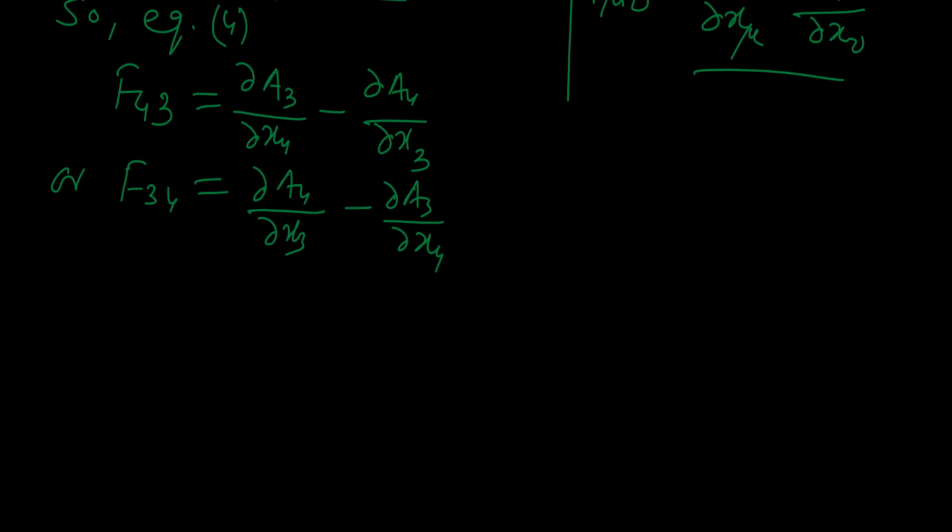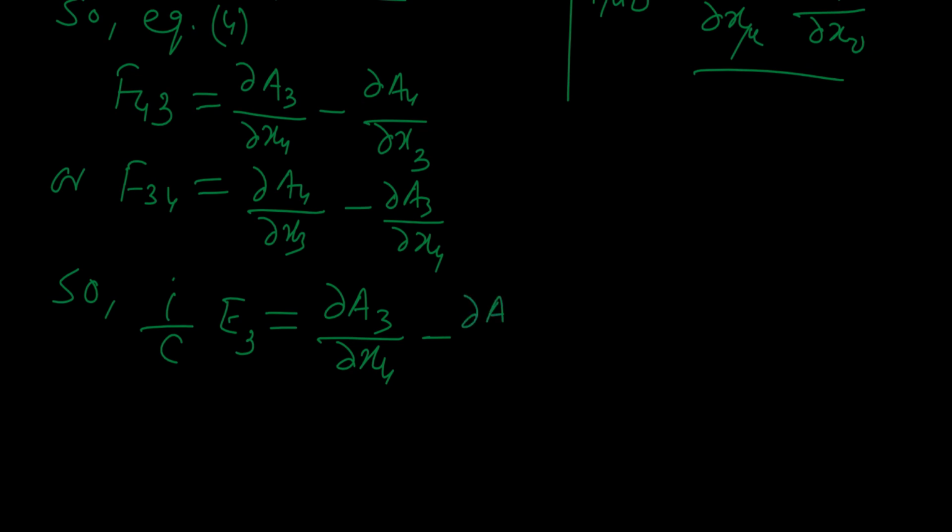It in fact gives, so we may say that it gives I over C E3 equal to del A3 by del x4 minus del A4 by del x3.